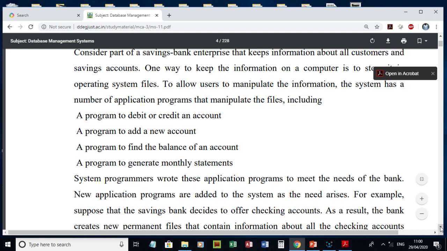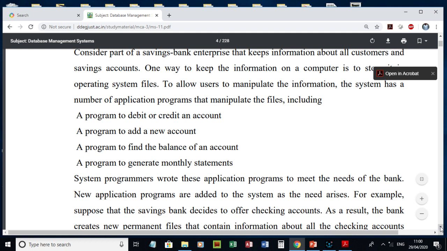You understand? So this is how the programmers write the application for the banks.